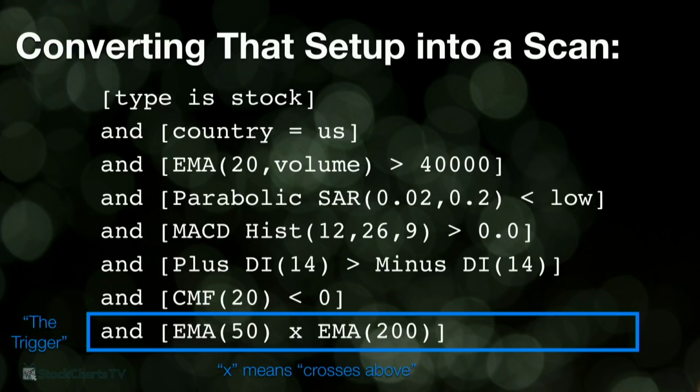I'm using the X here to say, today, the EMA 50 line crossed above the EMA 200 line. So the shorter, faster moving average has moved up above the slower moving average. That's a buy signal, and that's going to be my trigger for this particular scan. So that is how I would take the visualness that we saw a minute ago associated with that low that Apple had that we missed on, but now that we're studying, and turn it into a scan.